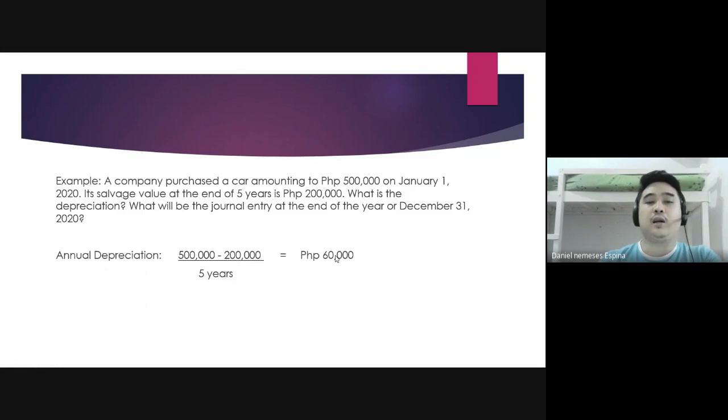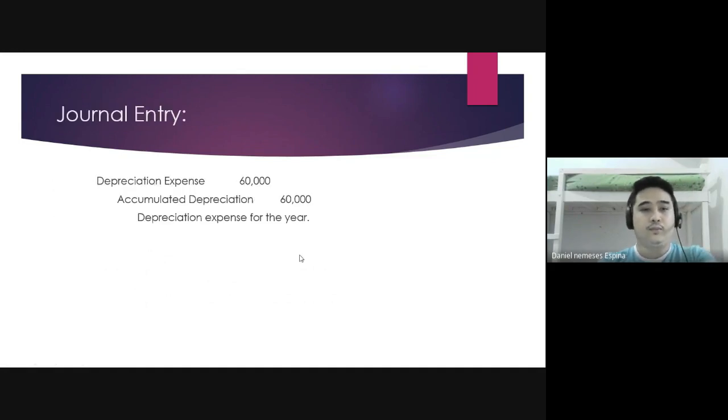Every year until the fifth year, you are going to depreciate the car for 60,000. So our entry on December 31: debit depreciation expense 60,000 and credit accumulated depreciation 60,000. You can write the explanation: depreciation expense for the year. Every year you are going to recognize this amount until the fifth year of the life of the asset.